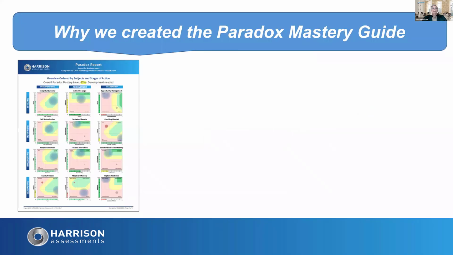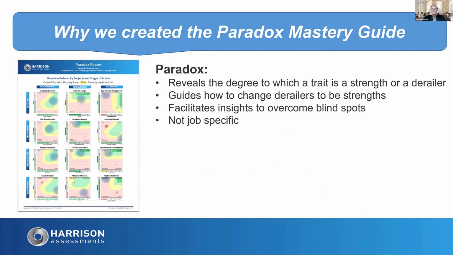Well, basically, why did we create the Paradox Mastery Guide in the first place? What was the benefit? I think most of you have used the paradox, and you understand the value of it. In my mind, one of the biggest benefits of the paradox is it reveals your strengths. It reveals the degree to which your strong traits are strengths or potentially derailers.